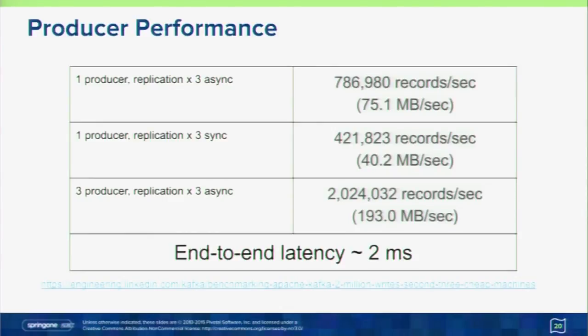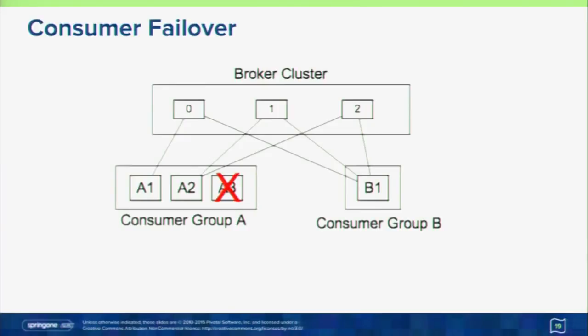All right, so let's talk a little bit about producer performance, and I will also roll that into the broker performance too. Yep, questions? In the previous slide, why would it matter if the consumer goes down? Each consumer in a consumer group is reading from a different partition than any other consumer in that group.